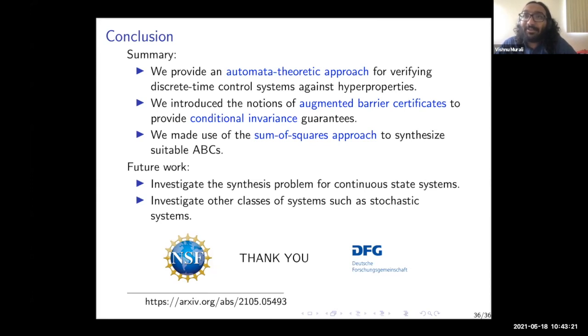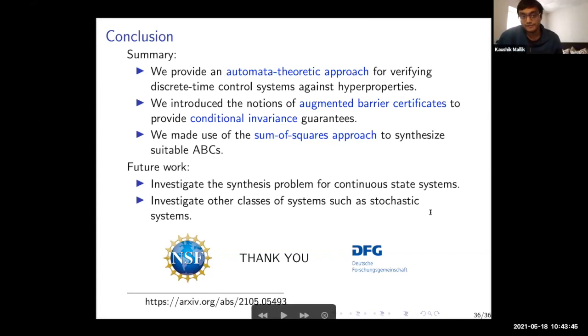In particular, the problem of conditional invariance is actually a bit different from the problem of hyper safety in the context of hyper-LTL. So it's something we would investigate in future work, or at least it's definitely something I'd like to look at. But right now, I do not have an answer of what equivalent property you can consider.